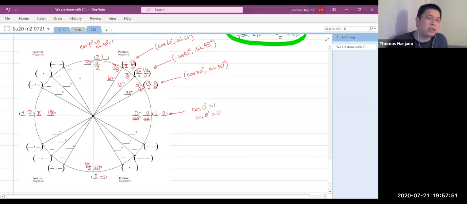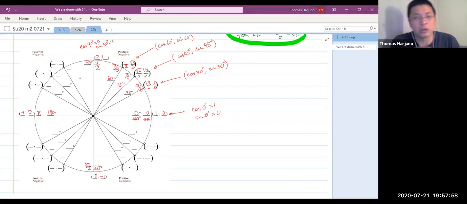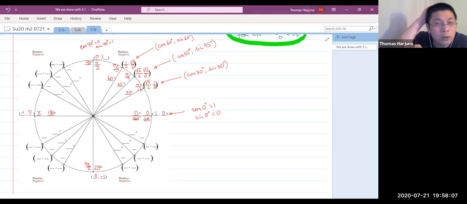Now, one thing I suggest you do later on: I will post this handout on our discussion board so that you can print it out and try to fill it up. It trains you with multiple aspects and visualizing them at the same time. So far, we only did the first quadrant and the quadrantal angles, like the ones on the positive and negative x-axis and positive and negative y-axis.